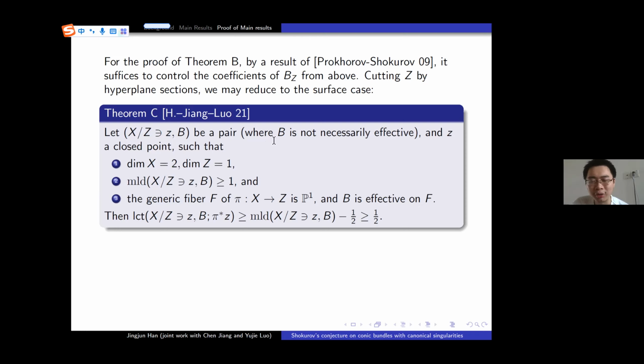So here I don't require B to be effective. B is not necessarily effective.